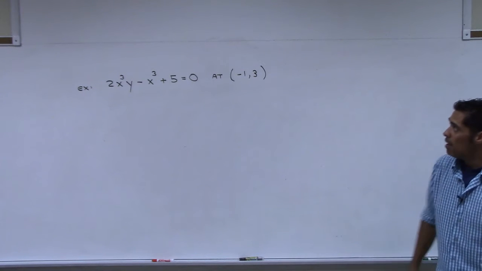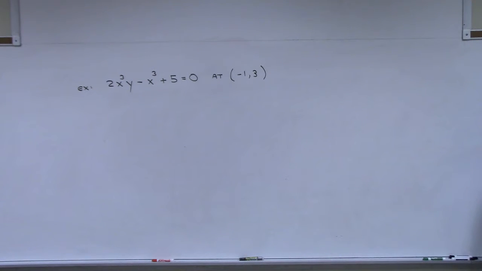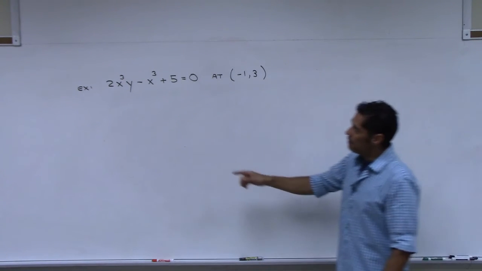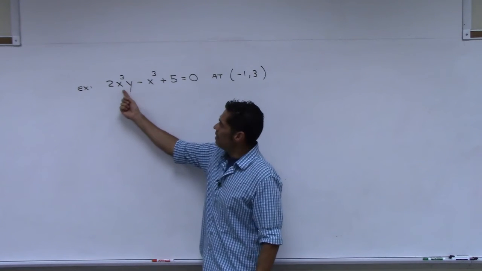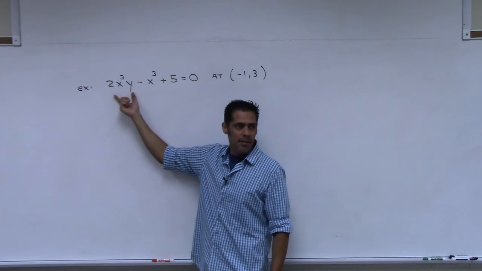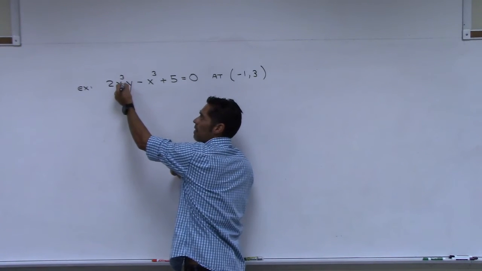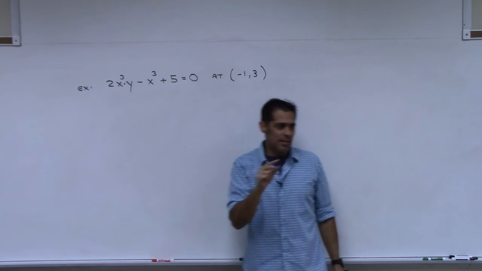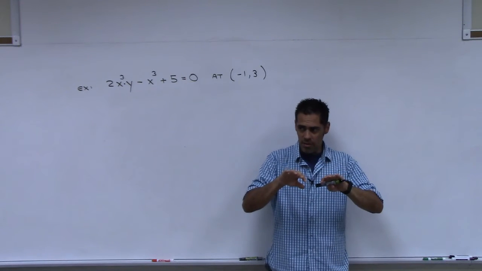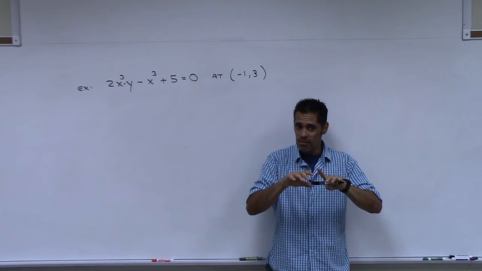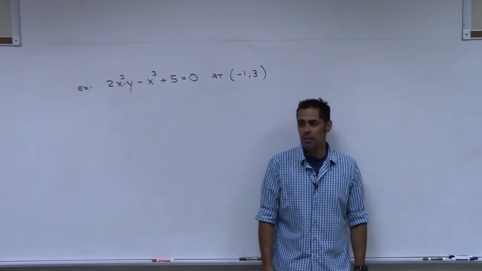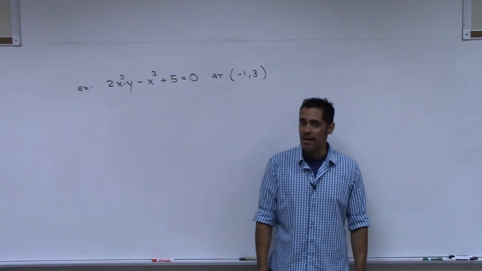Can anybody see why this is harder? Because you have 3 different terms here, right? But this term right here has multiplication between your variables. Do you see that? And when you try and take the derivative of multiplication, you must use the product rule. And that's going to be a little bit problematic, all right?